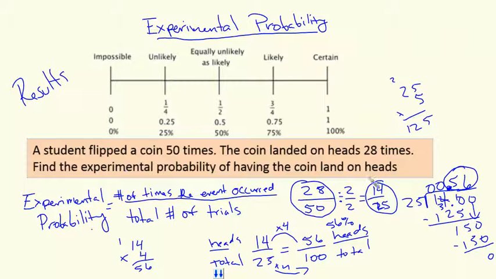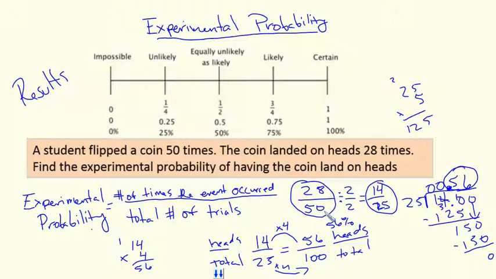So a lot of different ways you can represent the same quantity. It just depends on how good you are working with fractions, decimals, and percentages. But try to learn them all, because you never know when you're taking a multiple choice test which type of value they're going to give you.